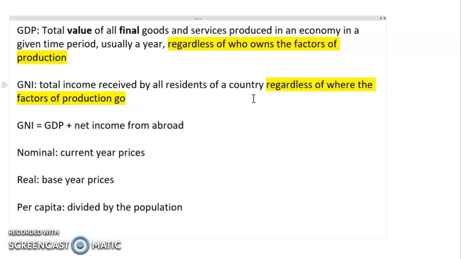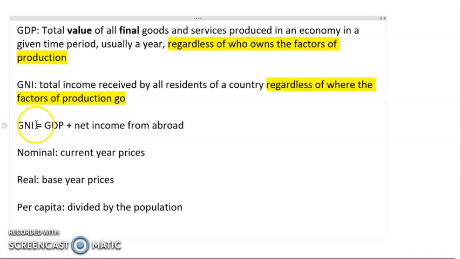Like in the Jamaica example, the Jamaican guy starting a new business, earning that profit, which is the return for enterprise, him getting that income is counted towards Jamaican GNI, even though the factors of production go towards the US.